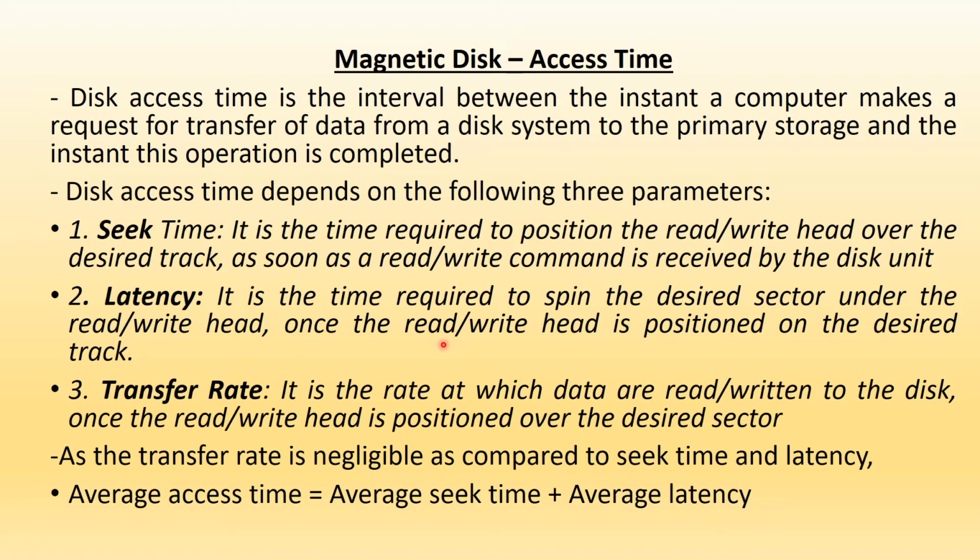Remember that an example of primary storage is RAM. So when the computer makes a request to transfer data from the disk system, which is the secondary storage, the hard drive, the SSD, the SD card, or the C drive, the main hard drive, to the primary storage, which is the RAM, and the instant this operation is completed, this is what is known as the access time.